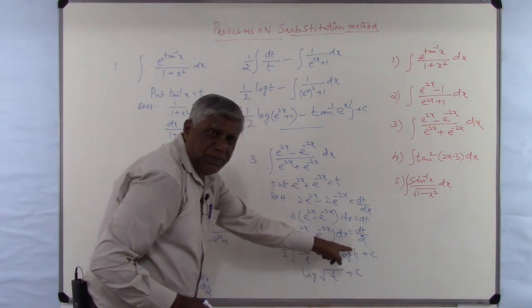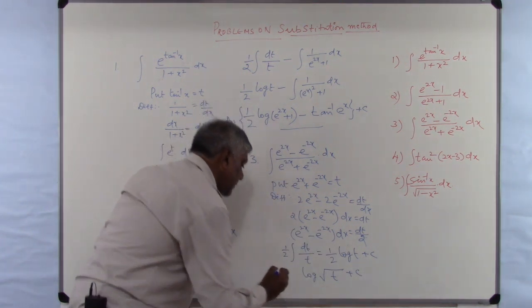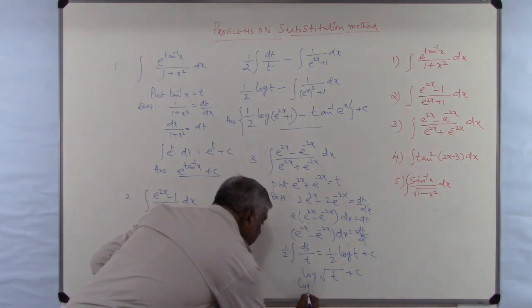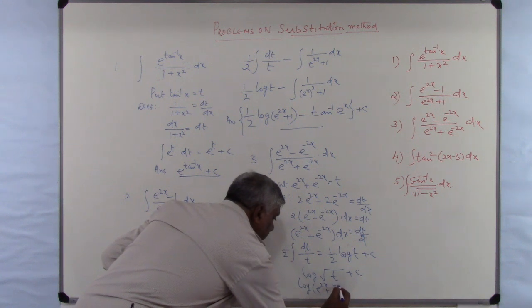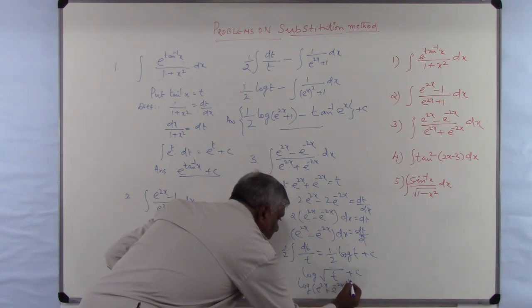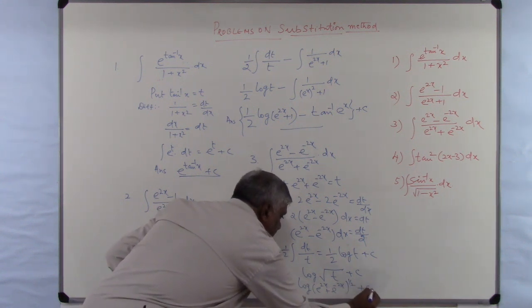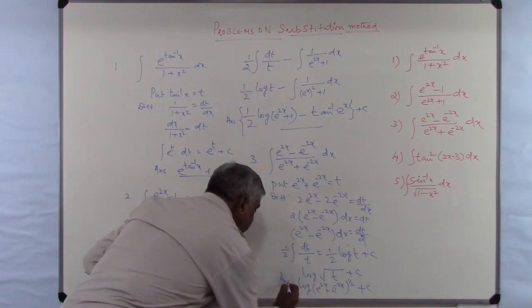Because the half goes to the power, t to the power of half becomes root. Therefore, log of e to the power of 2x plus e to the power of minus 2x whole to the power of half, plus c, is the answer for this.